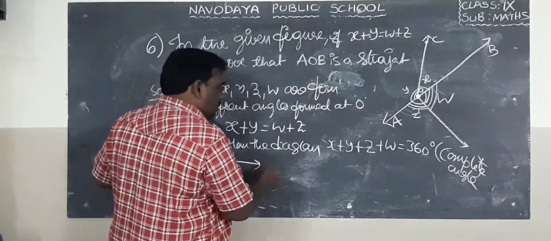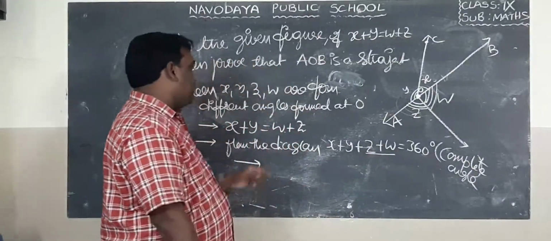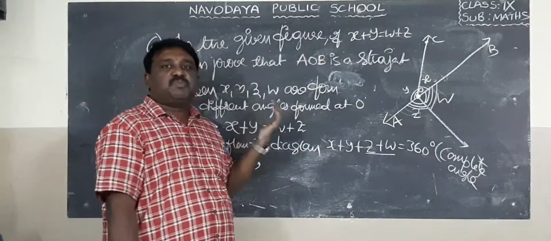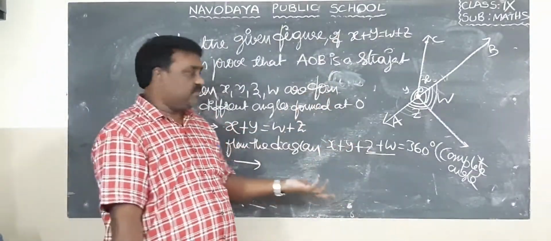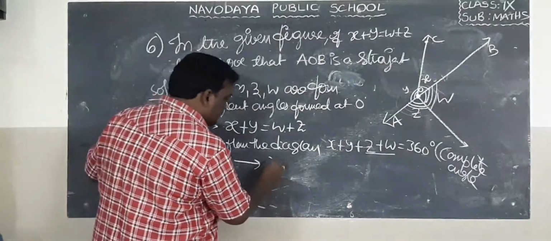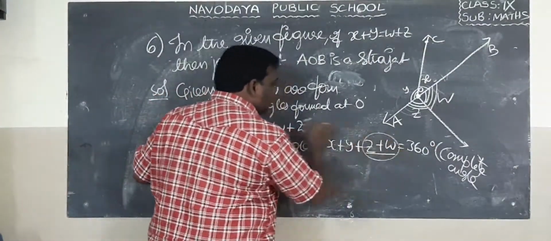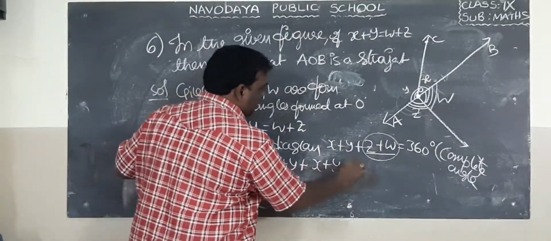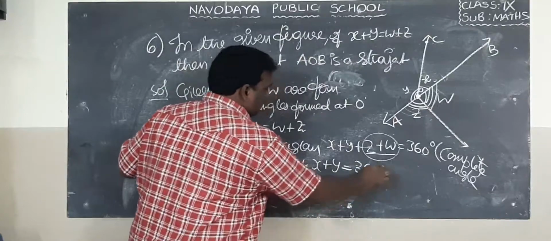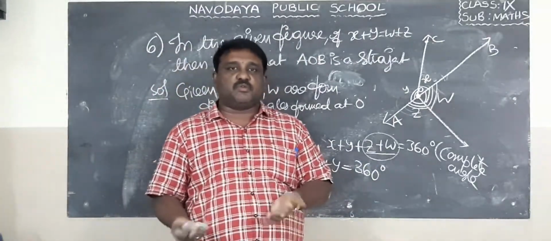Now z plus w is replaced by x plus y, or x plus y is replaced by z plus w. We can do anything. Here I am replacing z plus w with x plus y. Or we can replace x plus y with z plus w also, no problem.